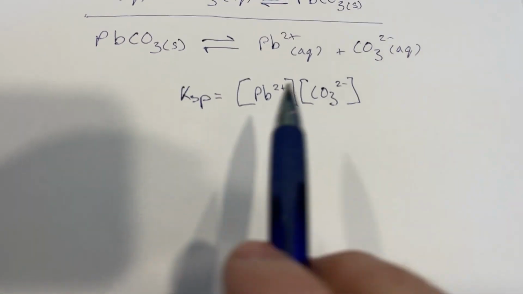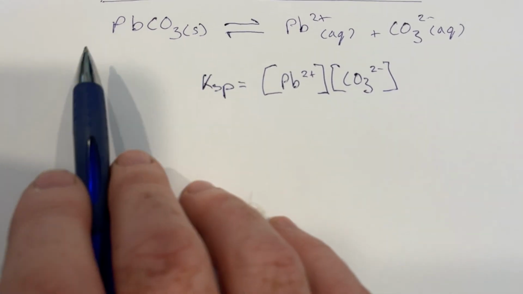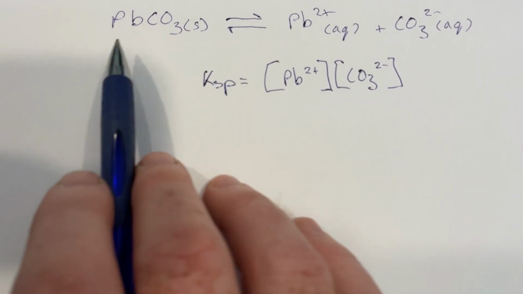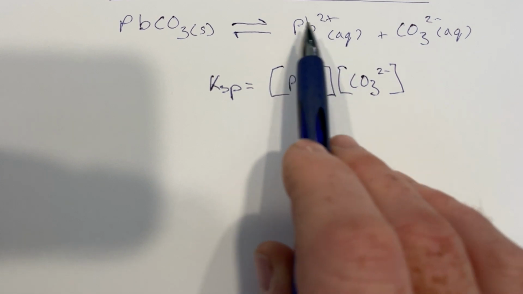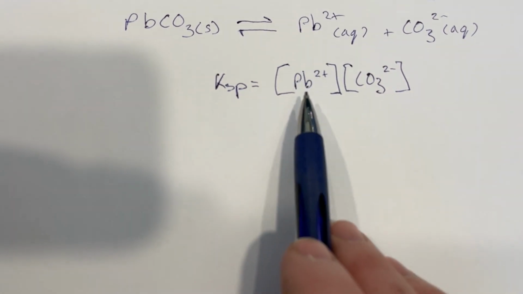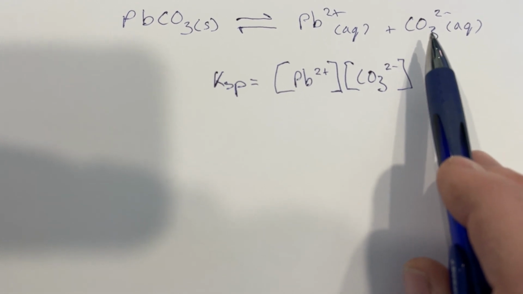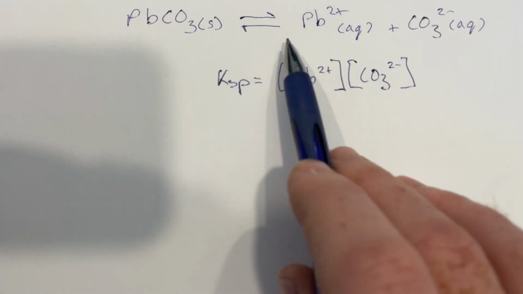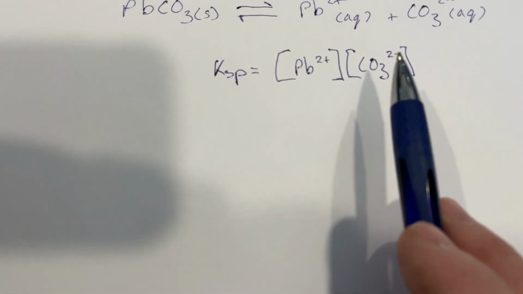Now hopefully you can also see that because we know this equilibrium sits well left, because we know hardly any of the lead carbonate will ionize in this direction, the concentration of lead ions is incredibly low. This number is small. And the concentration of the carbonate ions is equally low. It's in fact going to be the same number because it's 1 to 1. So I've got a very low number multiplied by another low number.